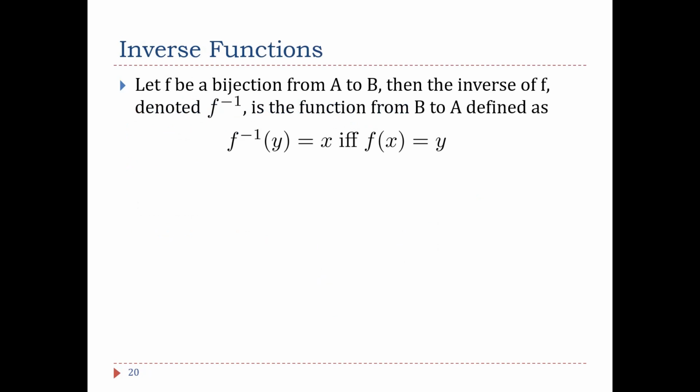So when you have such functions that are bijective, then you can talk about the inverse of the function f. Okay, so if f is a bijection from A to B, then the inverse of f, denoted by f minus 1, is the function from B to A, defined as f minus 1 of y, where y belongs to B, is equal to x, if and only if f of x is equal to y.